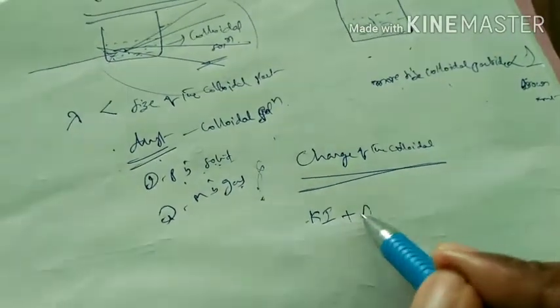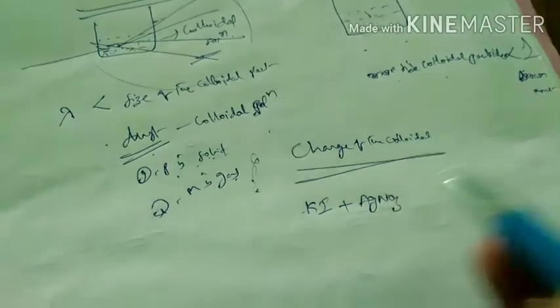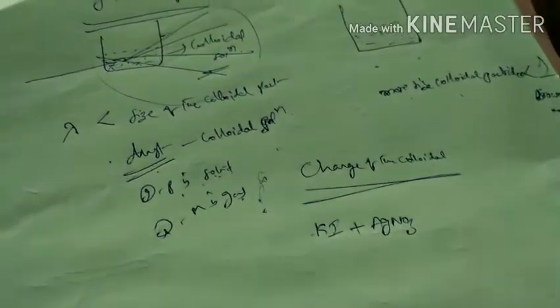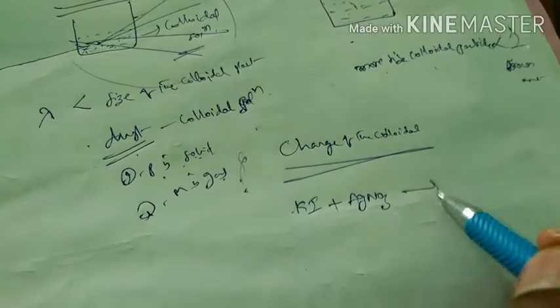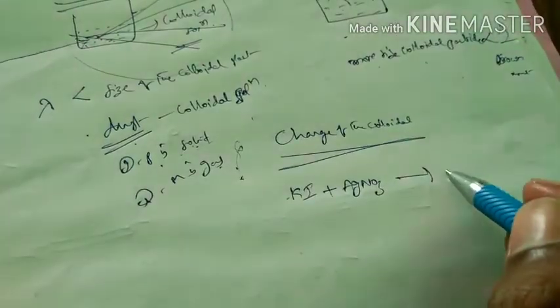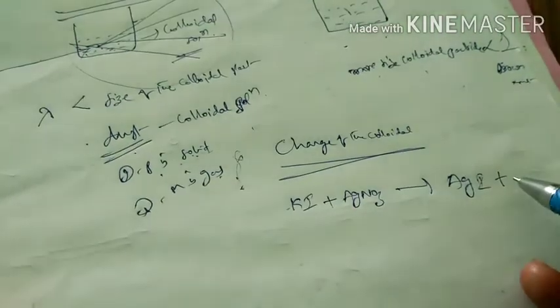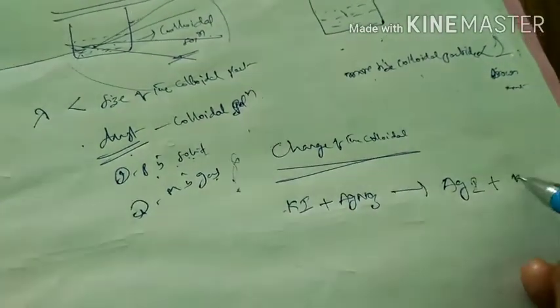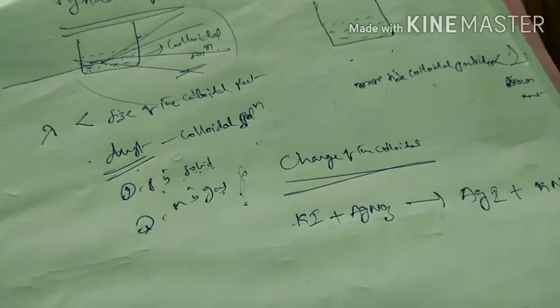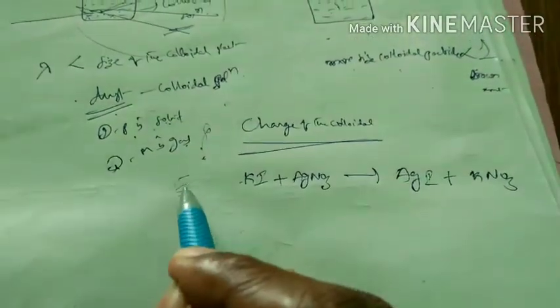When KI reacts with AgNO3, we know that it forms AgI plus KNO3. I take this one reaction.